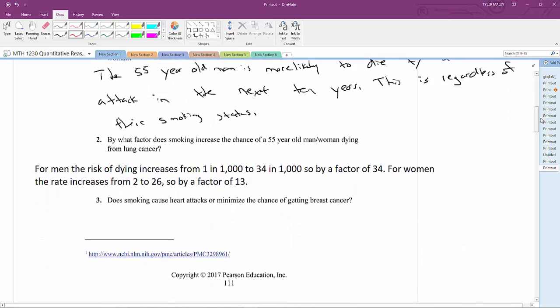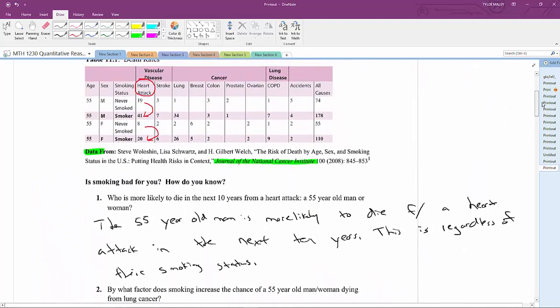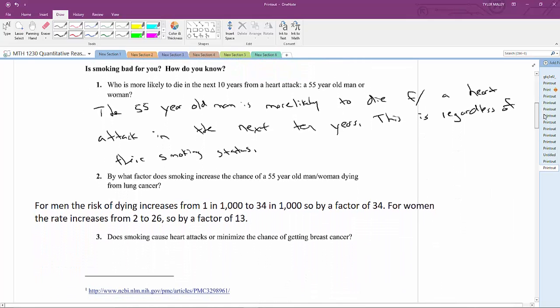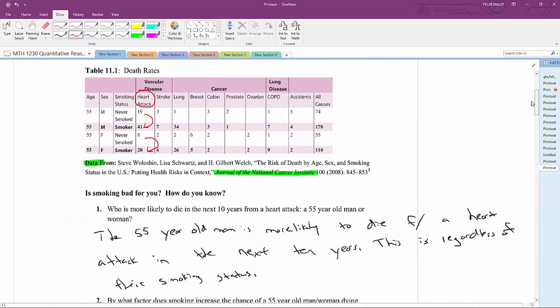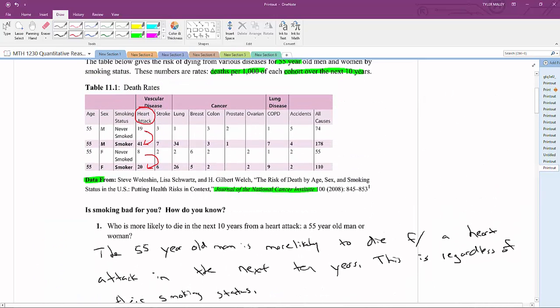So the question is, does smoking cause heart attacks? Lots of times, people want to say that this data shows that smoking causes heart attacks. But we don't know that actually happens, because this is just an observational study. So we can't say just because these appear to be correlated that we have causation.